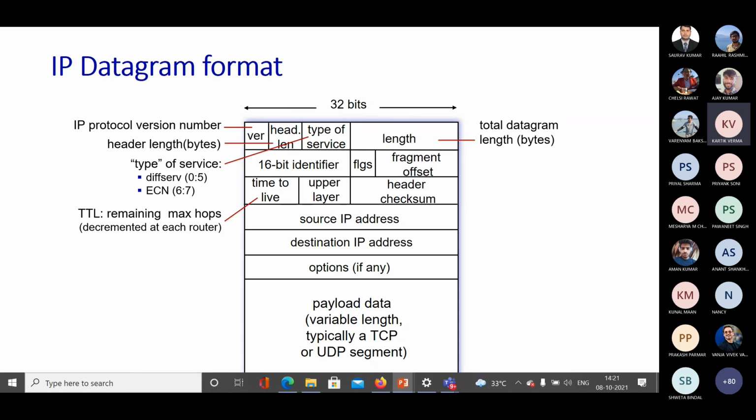Now, if there are two devices A and B and a router in between, and your packet has to move from A to B, it will require two hops: from A to the router is one hop, and the router to B is hop number two.